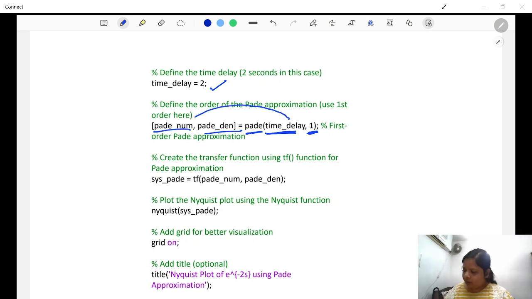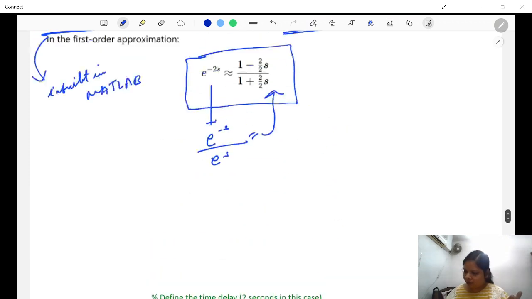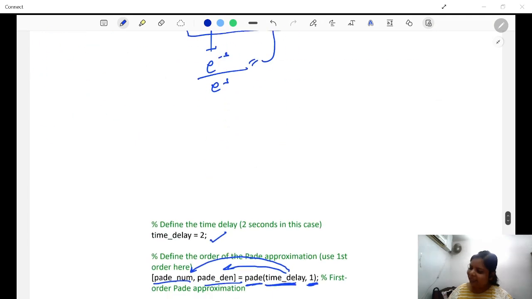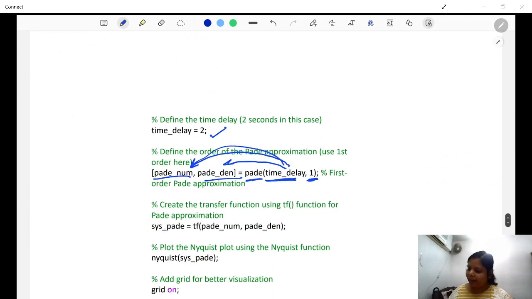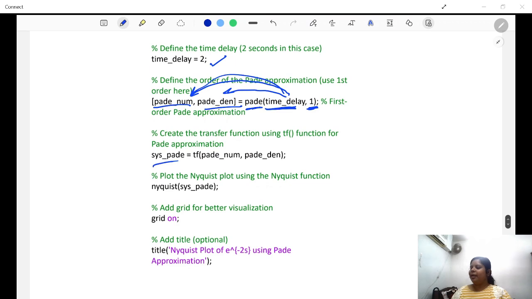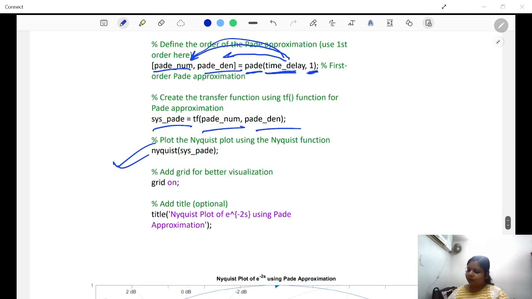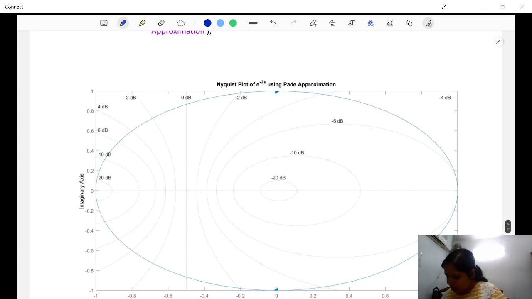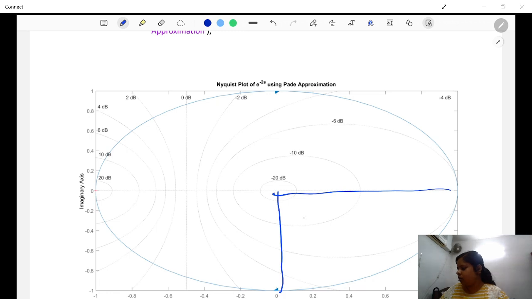Pade numerator and pade denominator are taken directly in the form of a transfer function. You don't need to write this. And then you define system pade as transfer function of pade numerator, pade denominator. Then you can plot the Nyquist plot. And this is the circle, a circle with radius 1.